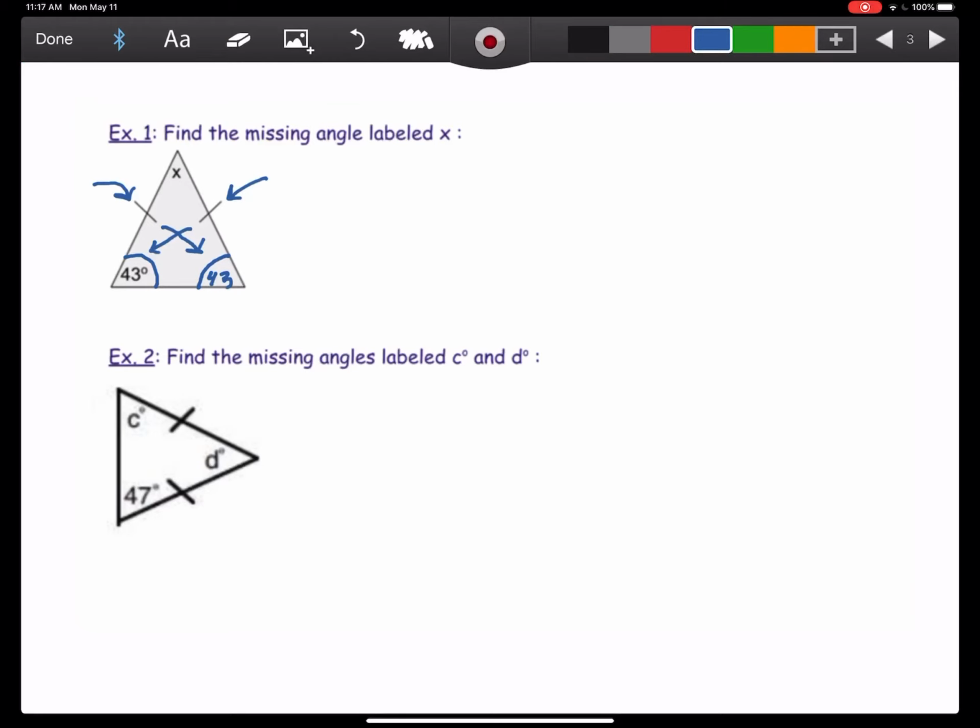Okay? So, what do we know? Now we have to think back to last week's notes. We know that the 43 here plus the 43 here plus the x way up here all add up to equal 180 degrees.